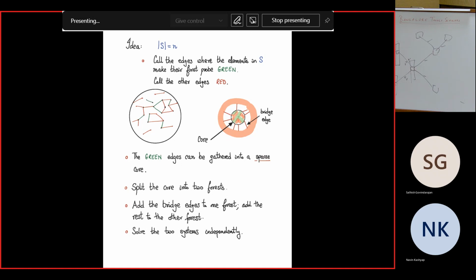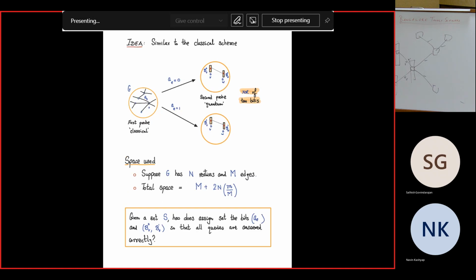There are bridge edges which connect you to the rest of the graph. This core will be sparse enough that you can apply the Nash-Williams theorem, and you split that core into two trees. Then these bridge edges we add to one of the trees, and the edges in the outer region are put into the other one, and they will not interfere. Then you can do the assignment for each of them and settle the problem.